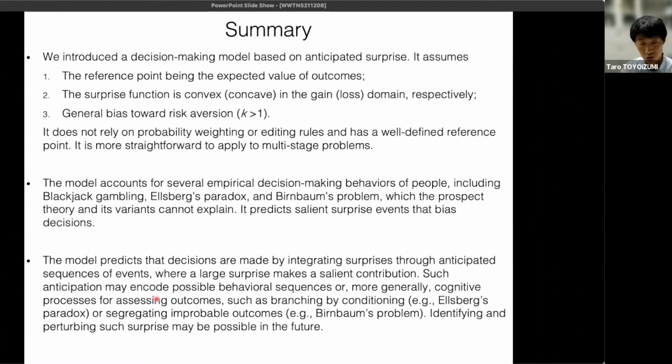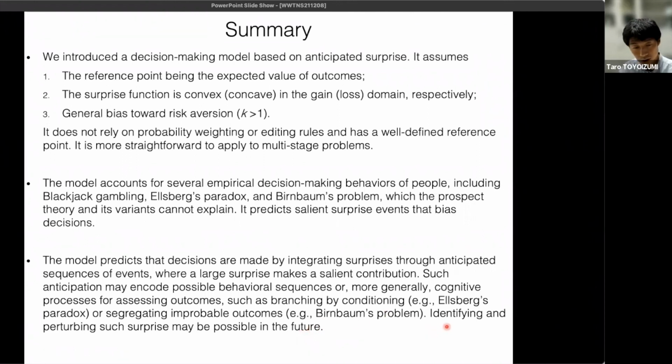Such anticipation may encode possible behavioral sequences as they are, or more generally, it can encode cognitive processes for assessing outcomes, such as branching by introducing conditions, like in Ellsberg's paradox, or segregating improbable outcomes, like I first think about more probable events and set aside improbable events for later evaluation, as in Birnbaum's problem.